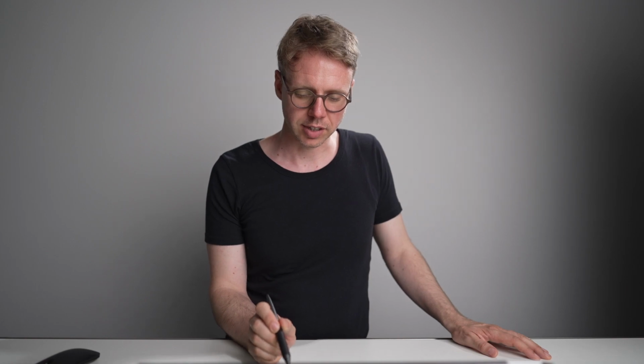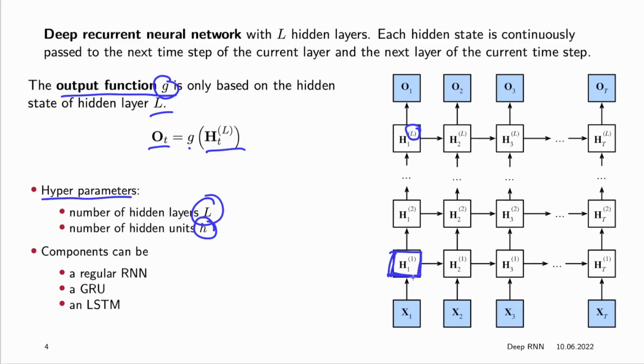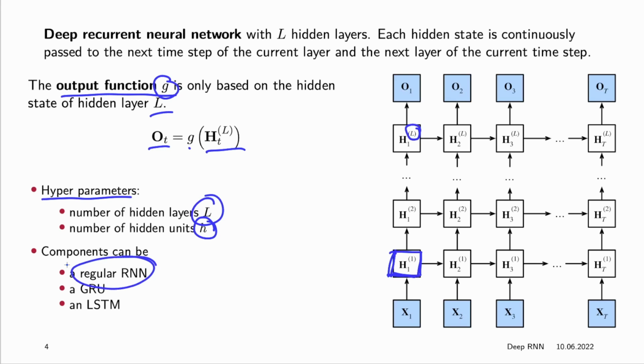And while we called the hidden state just capital H of time point t and layer L, in principle, the components that we can stack together can be anything. It could be a regular RNN, and it would really look like this. But it can also be a GRU or an LSTM, and you would connect them.